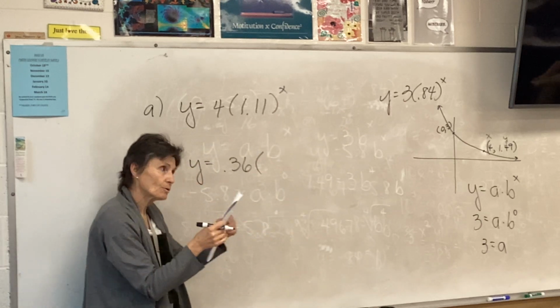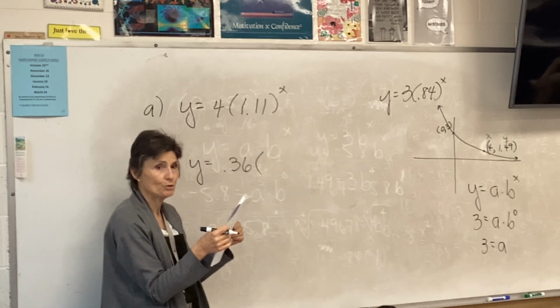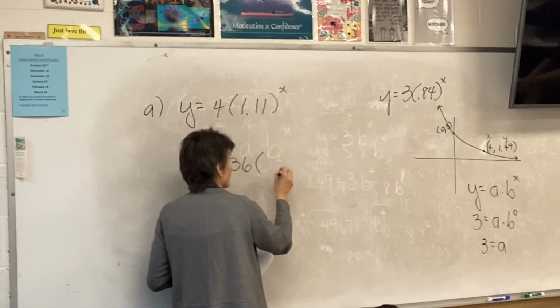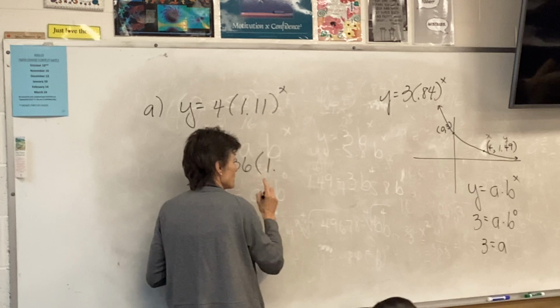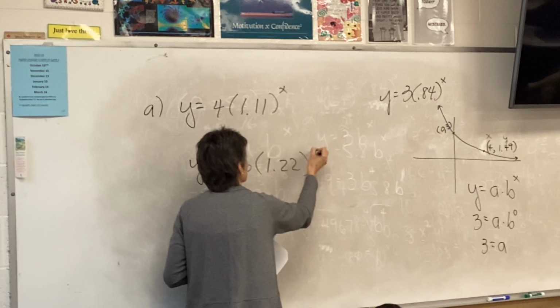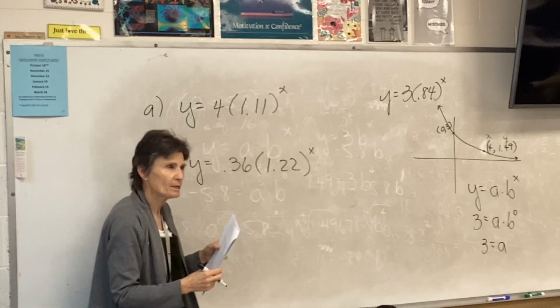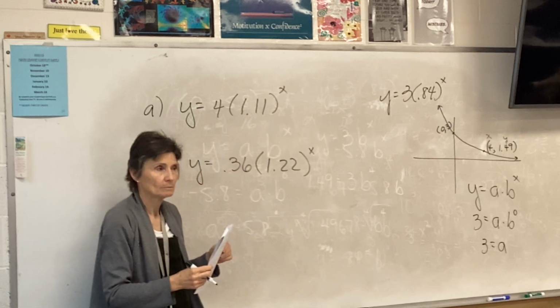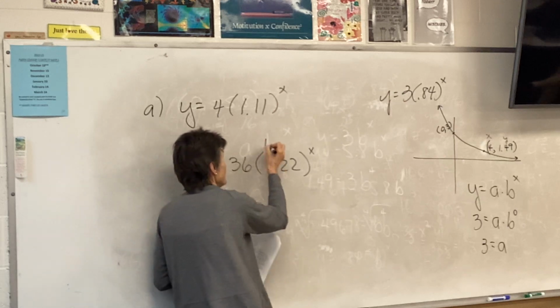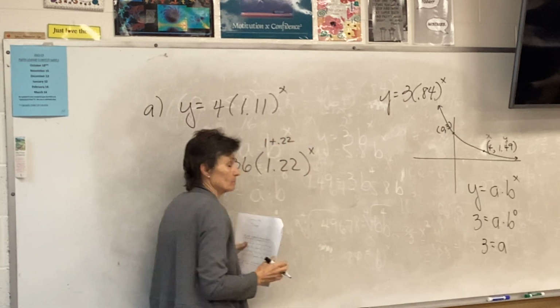And we're increasing 22%. So what will go here? 1.22. Is it 22%, 0.22? Yep. So this is 1 plus 0.22.